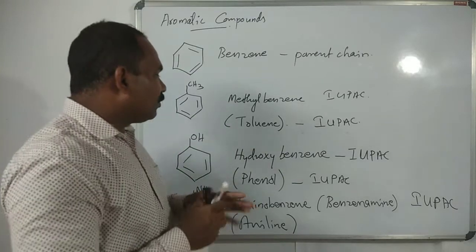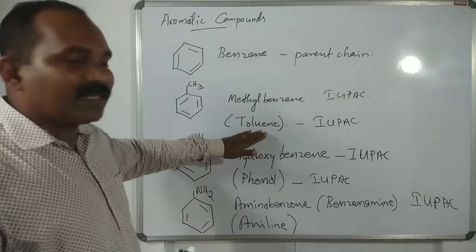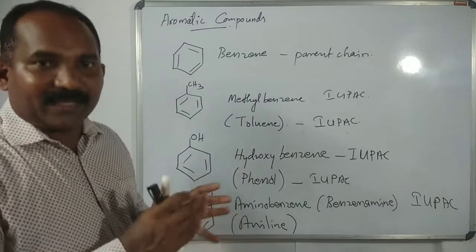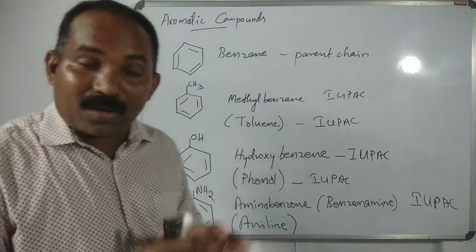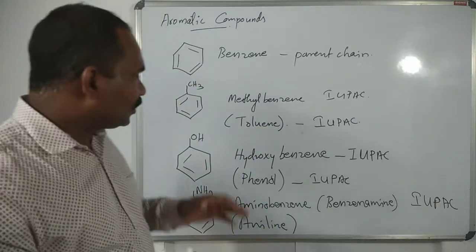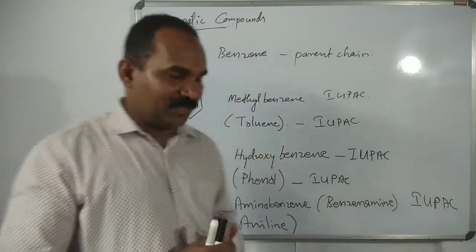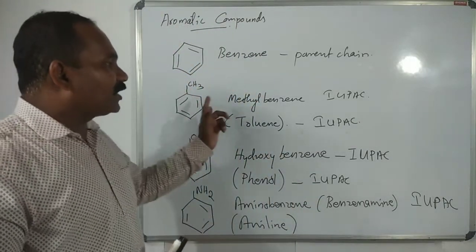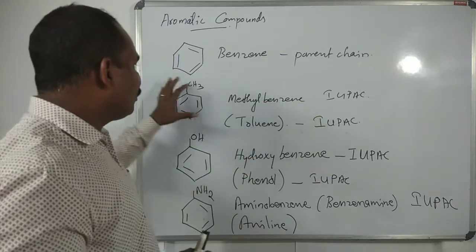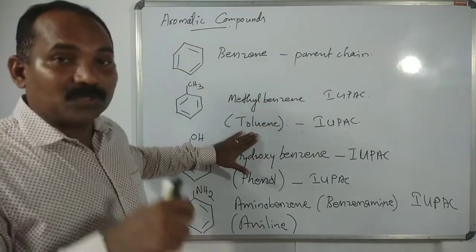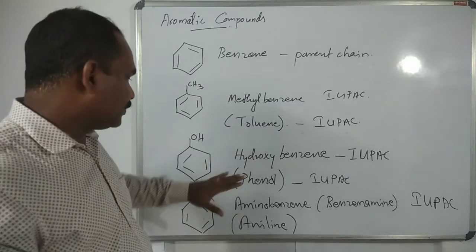So the name which is expressed in the bracket is the common name or trivial name. Some names are accepted by the IUPAC organization. So methylbenzene is the IUPAC name of toluene. Toluene is also accepted.